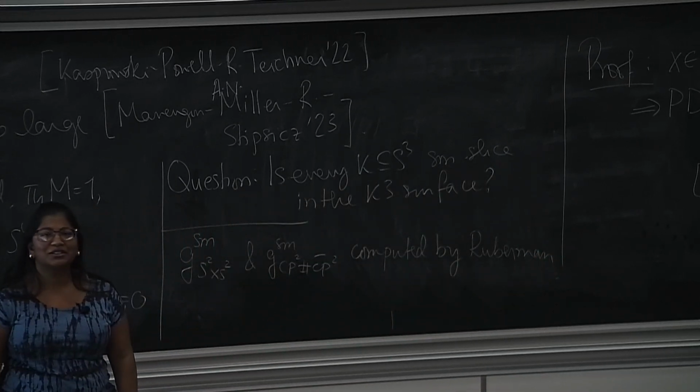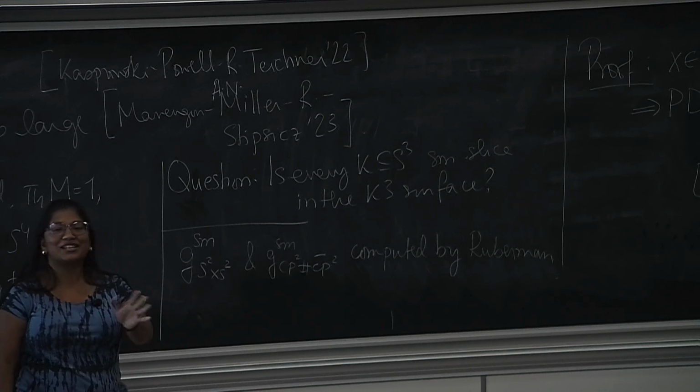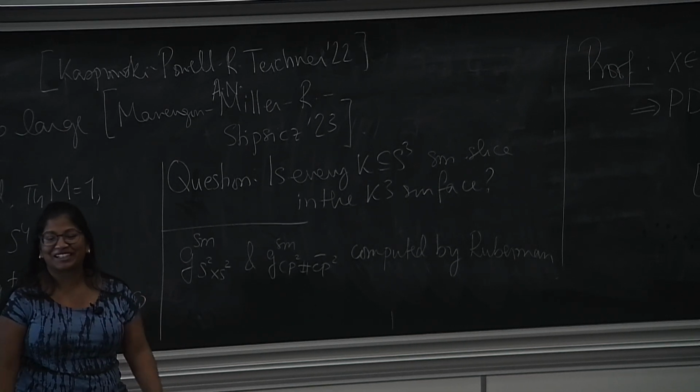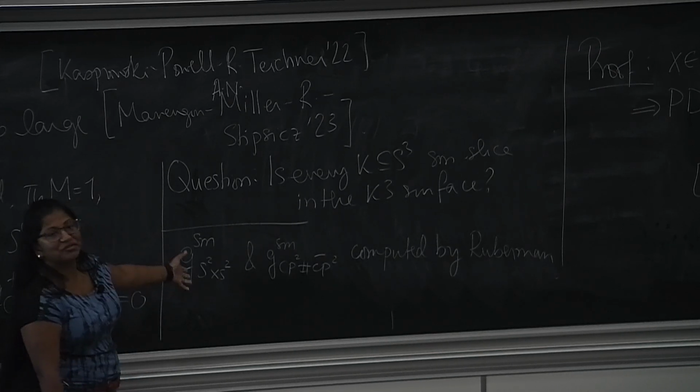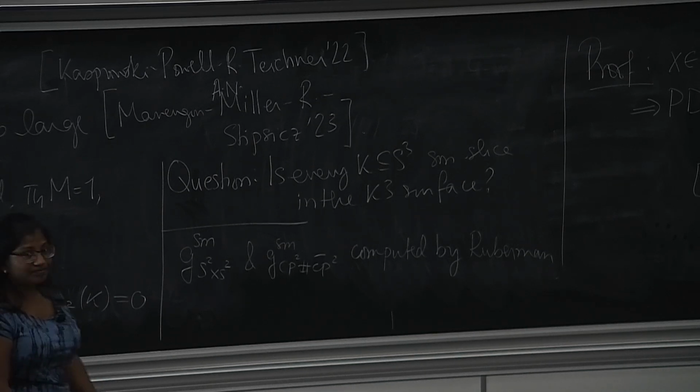But those are the only genus functions that we know. We also know the S4 genus function, but that's it. Can they be arbitrarily large, these things? Yes, that's right.